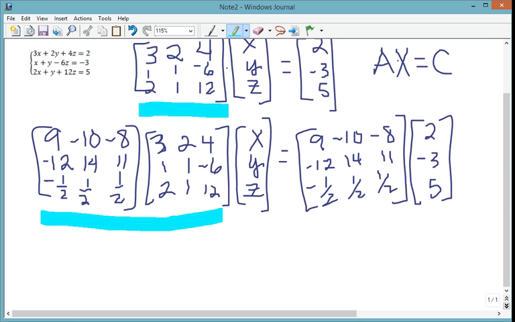In fact, all that will be left on this side of the equation is x, y, and z. Okay, because they're inverses, they cancel each other out. And then on this side of the equation, all I have to do is multiply that inverse matrix by my answer matrix.